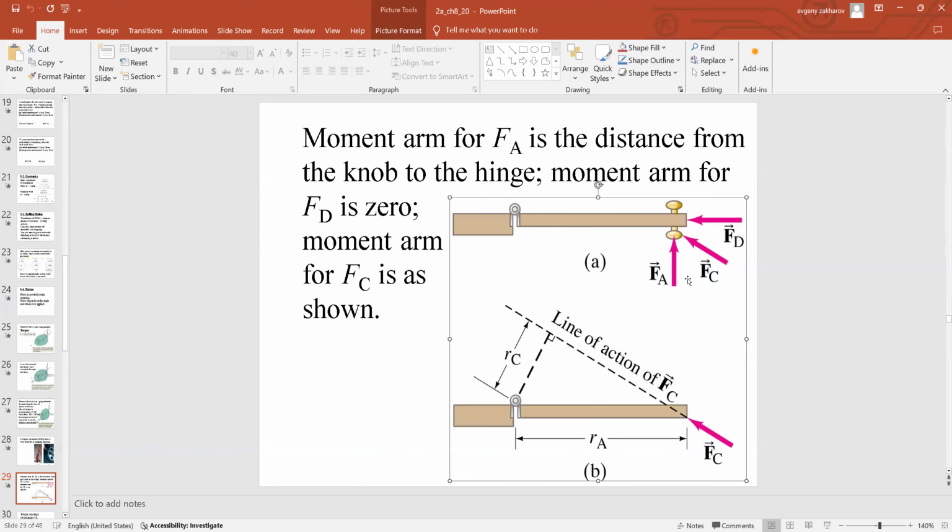The only way to open the door is when you have some tangential component. Any radial component will not create any rotation. And that's why the diagram shows it all. Every time your line of action crosses the axis of rotation, moment arm is 0 and torque is 0.